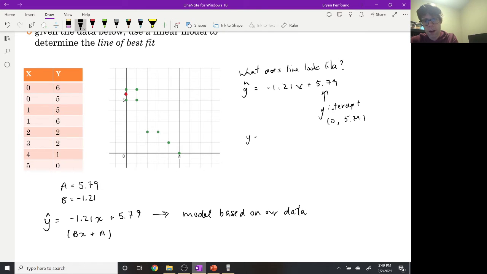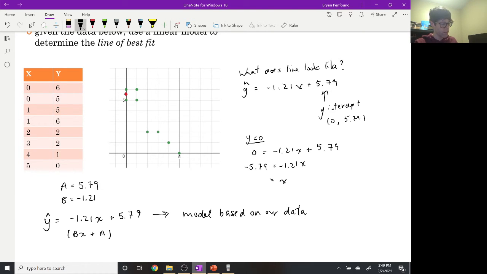And we could also solve for the x-intercept as well. So what happens if y is equal to 0? We'd get negative 1.21x plus 5.79. We could subtract 5.79 from both sides, and then divide both sides by negative 1.21.